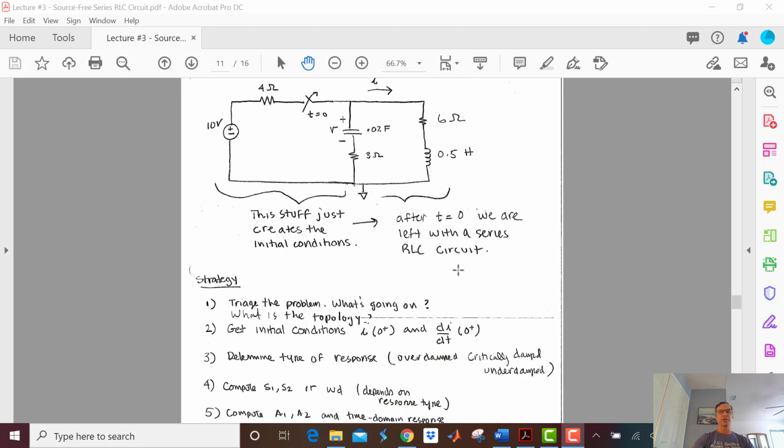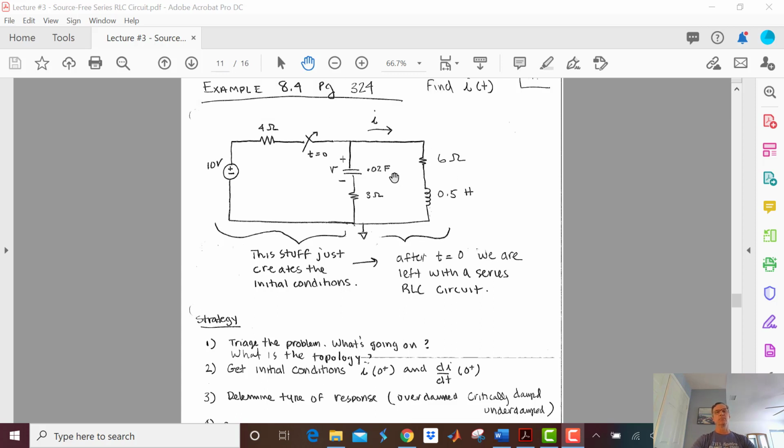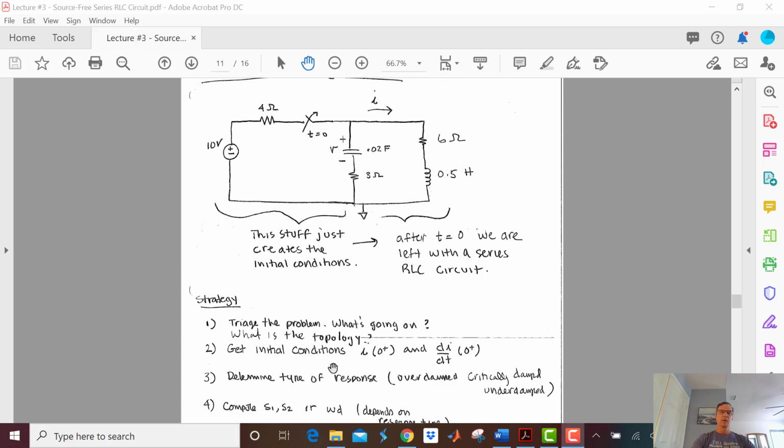So our strategy here is we'll first triage the problem and we'll say, what's going on with this thing? We'll kind of walk ourselves through it. Then we'll determine the topology. That's important because the series RLC is the first topology we're seeing, but we're going to look at the parallel RLC and then we're going to look at the general RLC later. So what you need to do is be able to look at the circuit after time equals 0, meaning this stuff isn't here, and say, what's the topology?